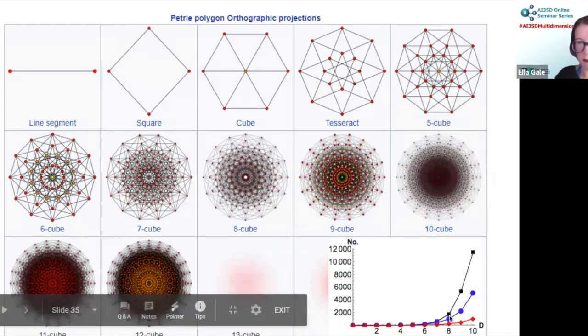If you had 8-dimensional data, so you have 8 things you're gathering data about, you would need 2,000 points to actually have one in every direction of your space.